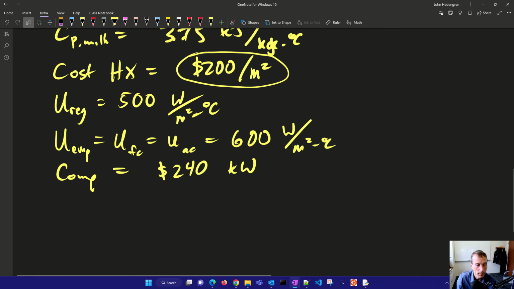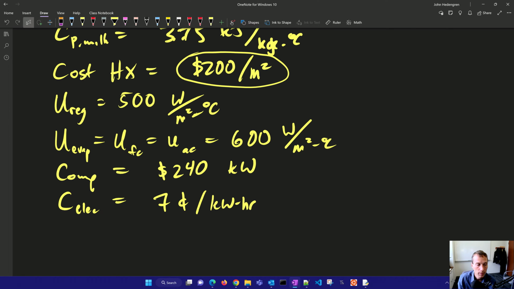Then to run the compressor, the cost of electricity is going to be equal to 7 cents per kilowatt hour. That might be a little bit low by today's standards. If you're in California, it might be 25. If you're in other places of the U.S., it's going to be different. If you're close to a nuclear or a hydroelectric plant, it might be 2 to 3 cents. So it just depends on where you are.